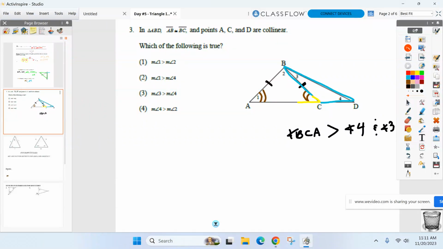All right, I'm going to do a little thing called substitution here. BCA is the same as angle 1. So angle 1 is also greater than 4 and 3, but I only have one multiple choice, and that's angle 1 greater than angle 4.